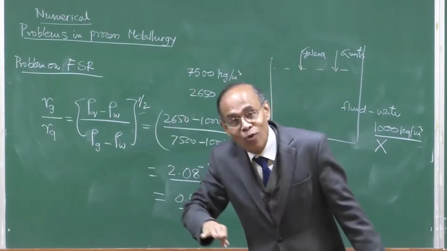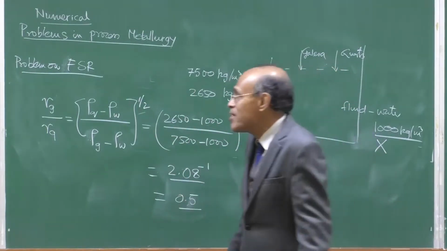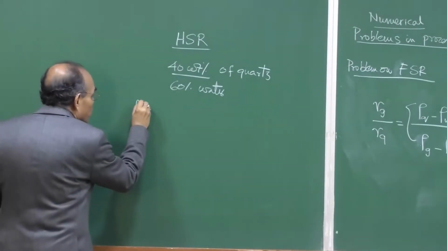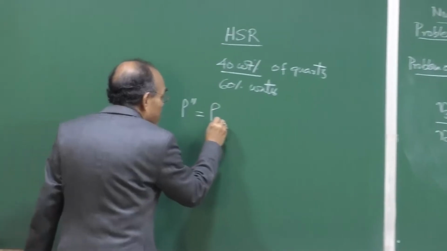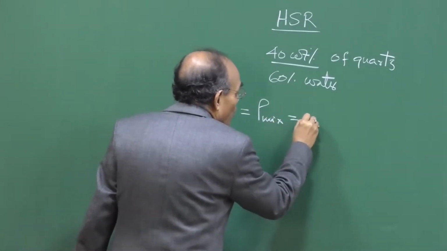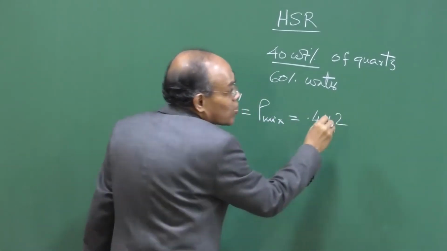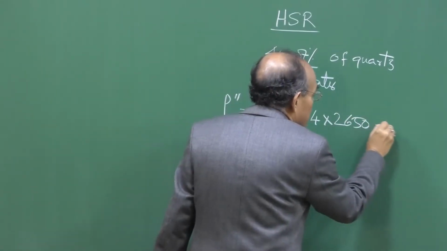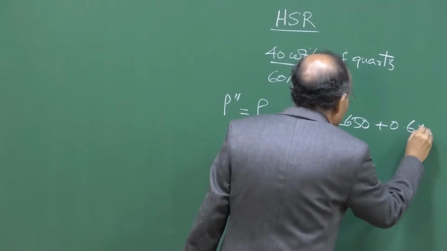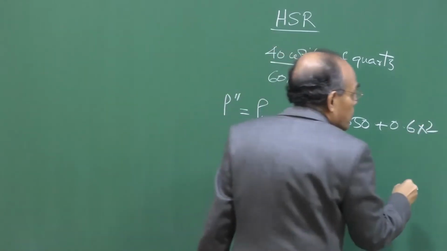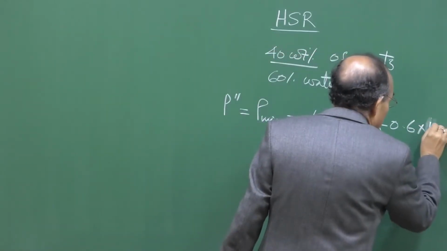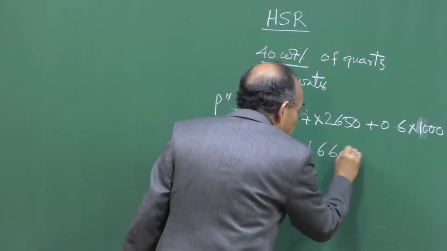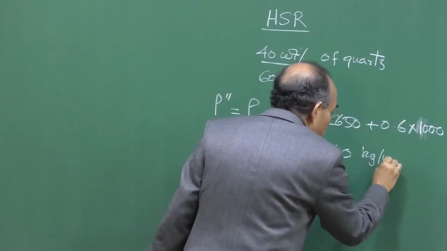So, 40% of quartz, which has replaced water from the system, will give rise to an increase. According to that, rho double prime, which is rho mixture, will come out to be 0.4 into 2650 plus 0.6 multiplied by 1000, and that gives us a density of, I think, 1660 kg per meter cube.